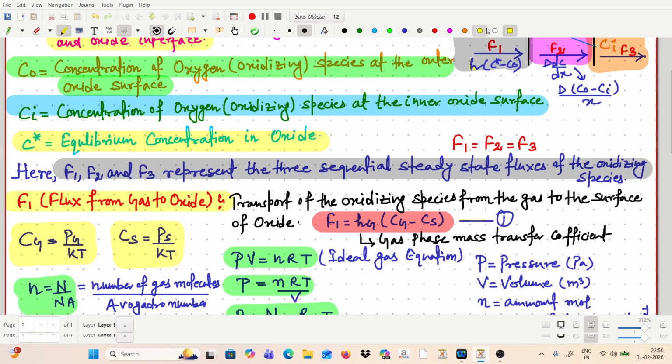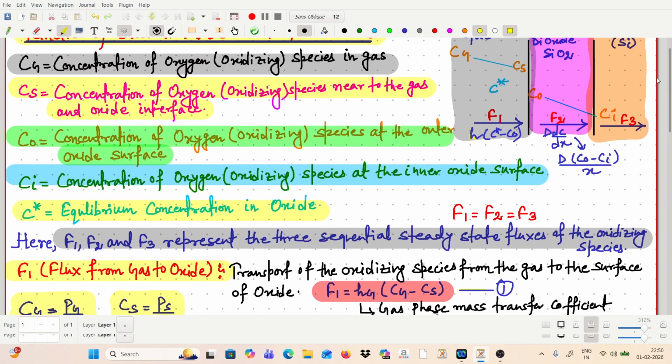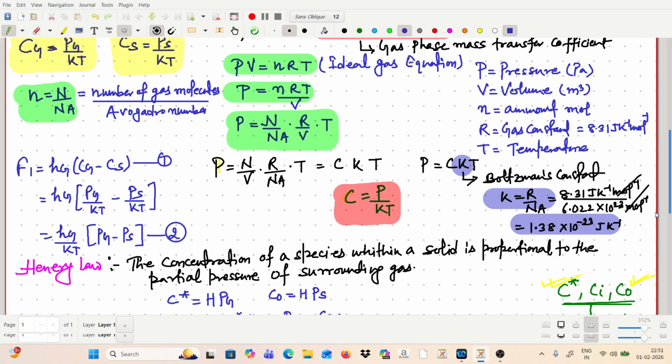So this F3 is nothing but simply Ks into Ci, the rate constant into Ci, at the solid surface of the silicon.